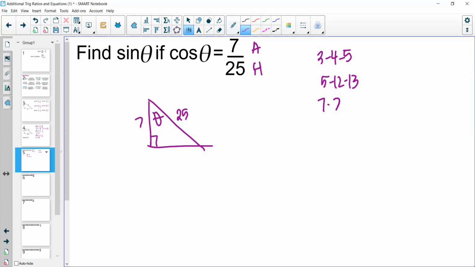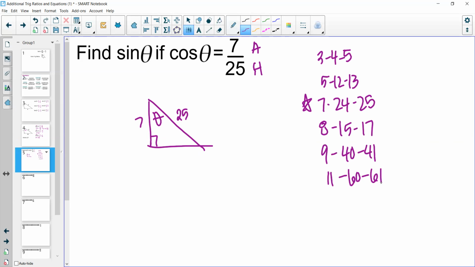We can have a 7, 24, 25. Hey, look at that. We have an 8, 15, 17, 9, 40, 41, 11, 60, 61. There are lots of options like this, 12, 35, 37. We can see that there are many different Pythagorean triples. So this one actually is this Pythagorean triple here.